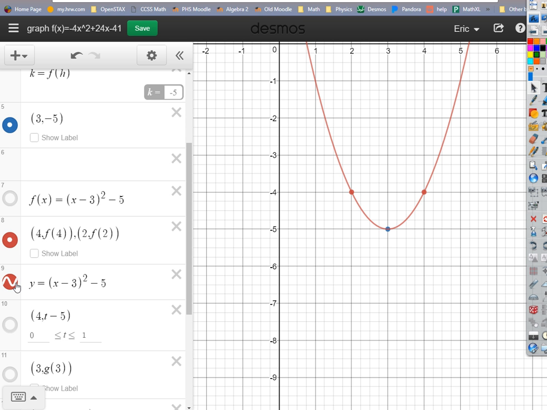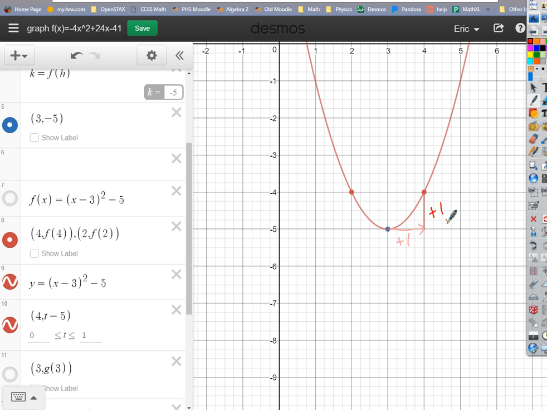Let's put this in perspective. For our parent graph, if we go a horizontal distance of 1, we go a vertical distance of 1 squared, which is +1.